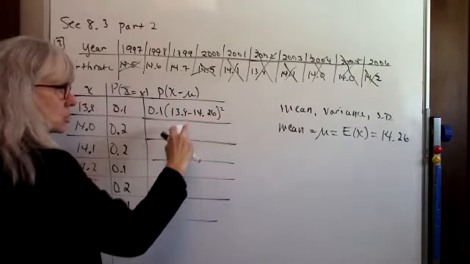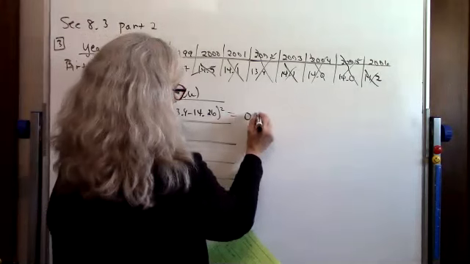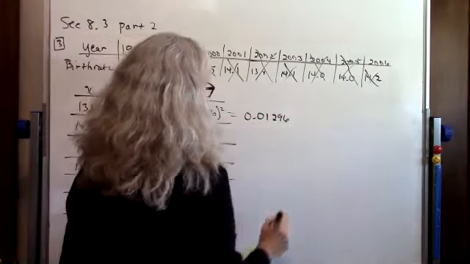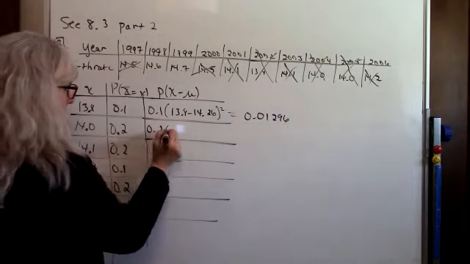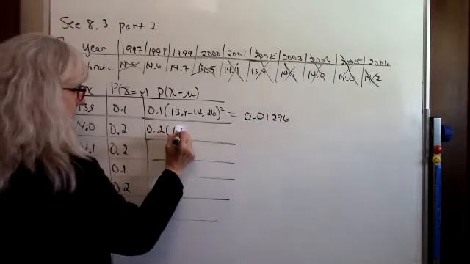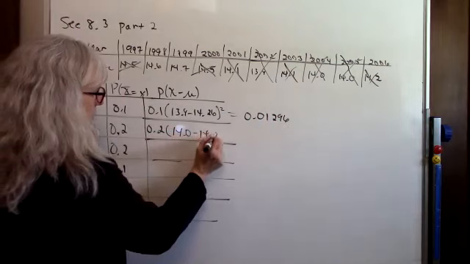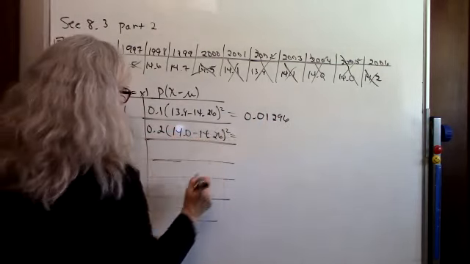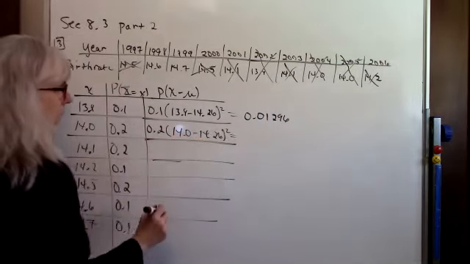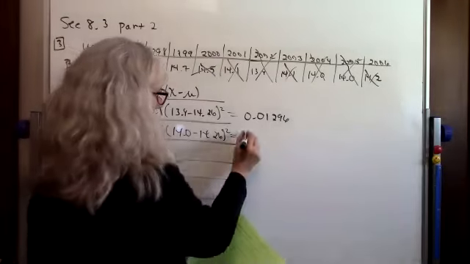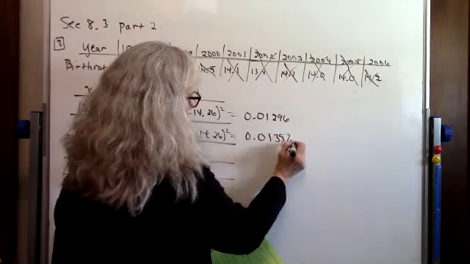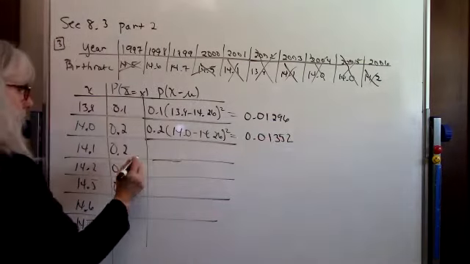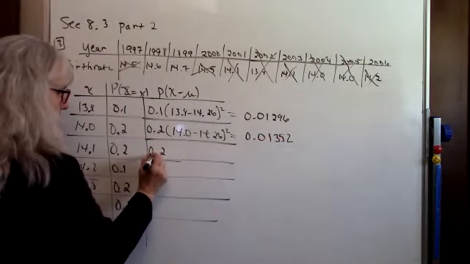When we did that, we got 0.01296. The next one would be 0.2 times 14.0 minus 14.26, that's 0.26, squared. If you do that, we ended up with 0.01352.